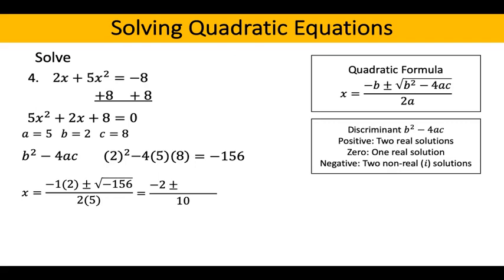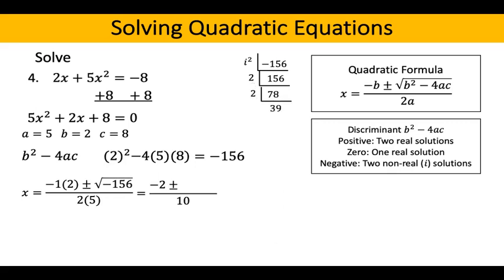So taking the square root of negative 156, we need to do our prime factorization. Let's first factor out the i squared so we can take care of that negative. So 156 is divisible by 2. We get 78. We're again going to divide by 2.